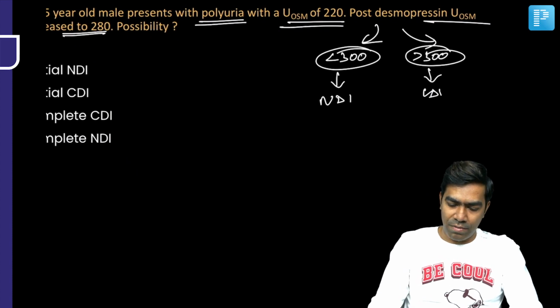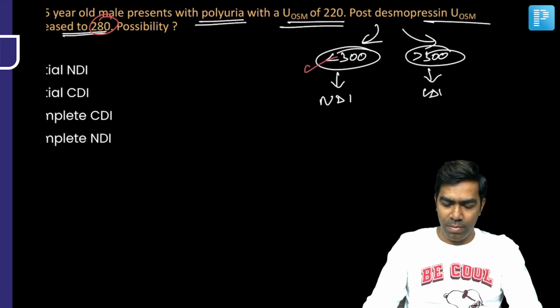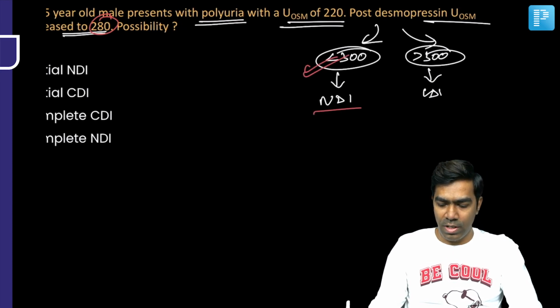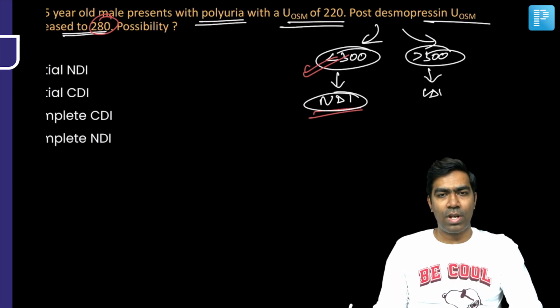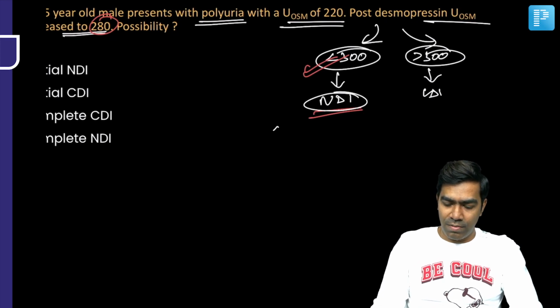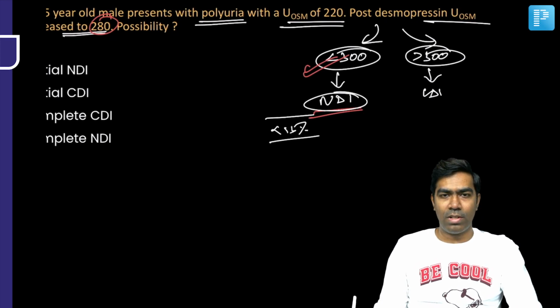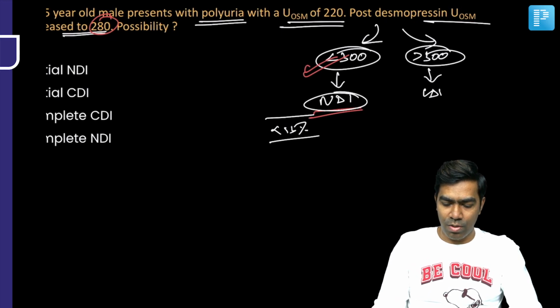Because even after desmopressin, your urine osmolality still remains less than 300, my diagnosis will be ADH resistance, that is in the form of nephrogenic diabetes insipidus. And in this situation, you have to see what is the percentage of urine osmolality rise. If it is less than 15% rise after desmopressin from the previous value, it is suggestive of complete nephrogenic diabetes insipidus.